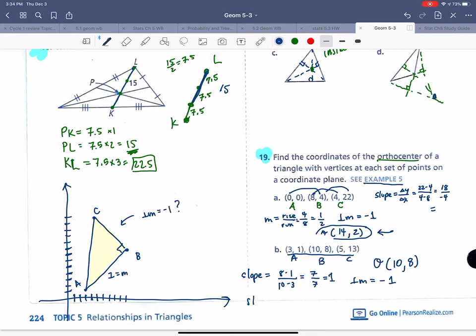Okay, so the slope of my other line: this one was AB, and this one is CB. The change in y, so 13 minus 8, over the change in x, 5 minus 10. So we get 7 over -5. Not quite, right? That's a decimal.